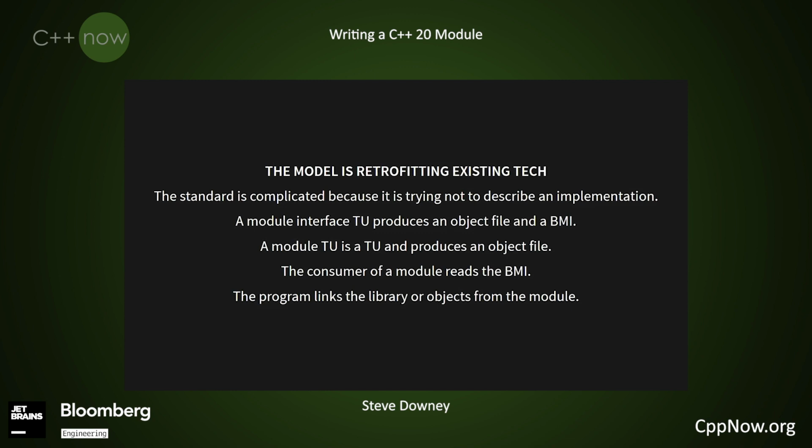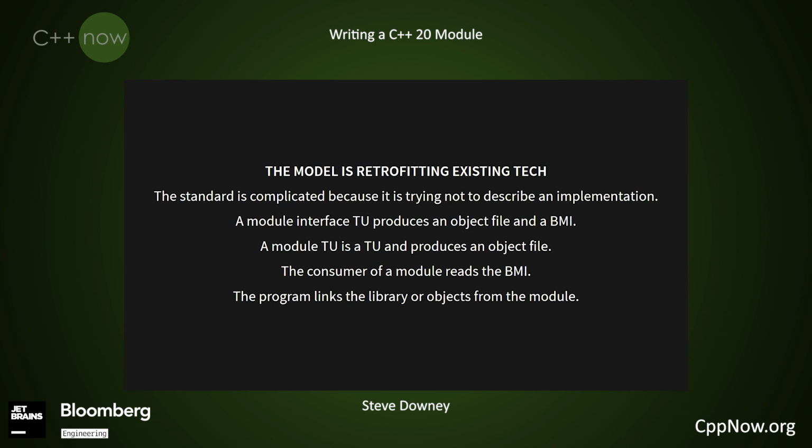Essentially, the model is retrofitting existing tech. The standard's complicated because it's trying not to describe an implementation. When you read through the standard, it can be very confusing about what's happening where and why. But essentially, a module interface translation unit, the primary, produces an object file because it's a translation unit, and a binary module interface.